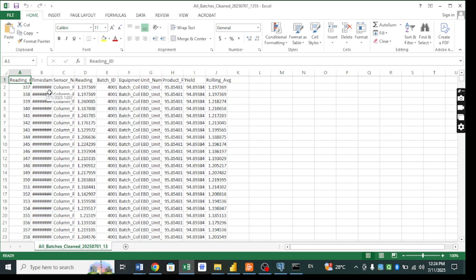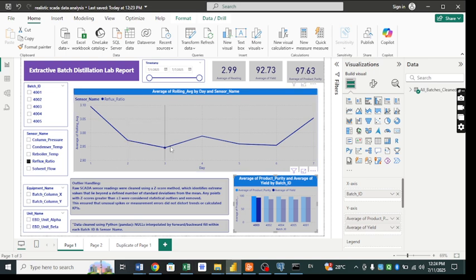I filtered the batch cycle and relevant sensors, summarized trends, and built this clear dashboard.